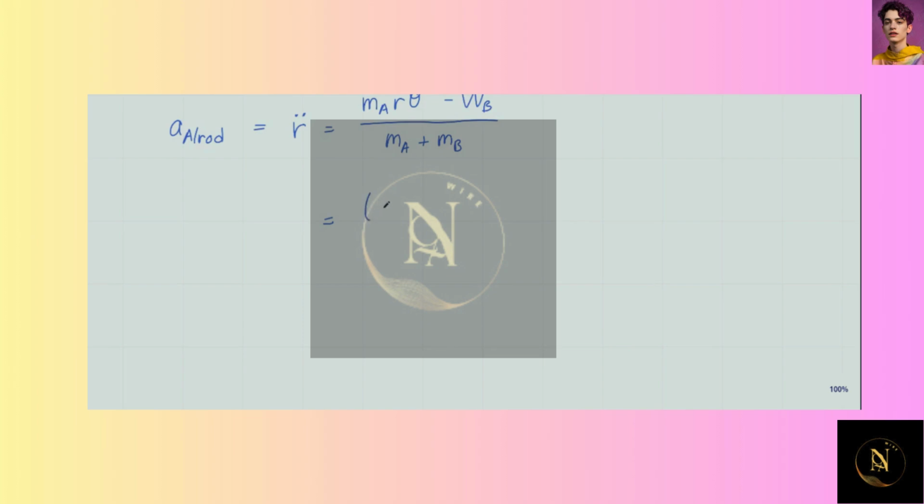So we get 0.08075 times R, 1.2, times theta dot, which is 3, and that's squared, minus the weight of B, which is 2.6. And this is all over the sum of the masses of A and B, which is 0.08075 plus another 0.08075.